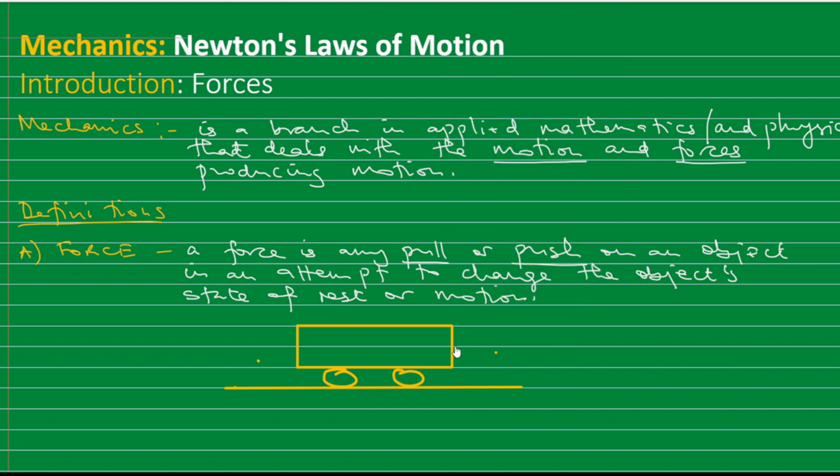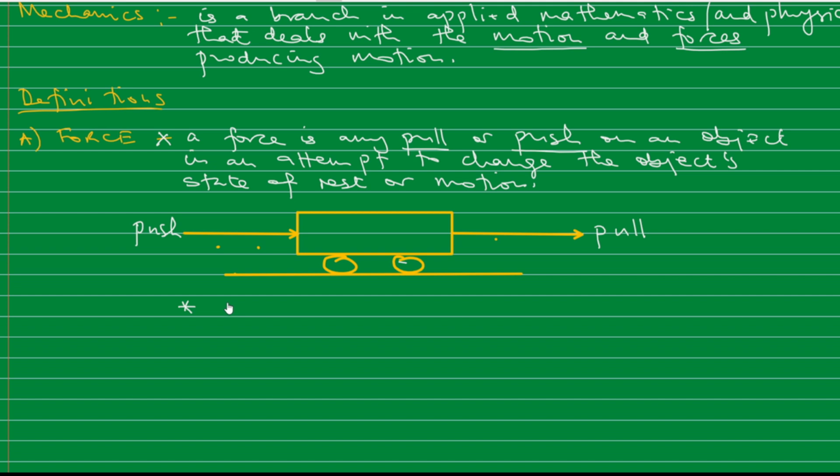When you apply a force, that force can be a pull or a push. So we have a pull here, or we can have a push there. That pulling or pushing constitutes a force. The symbol that we use for force is the capital letter F.